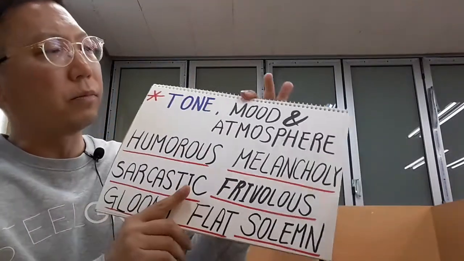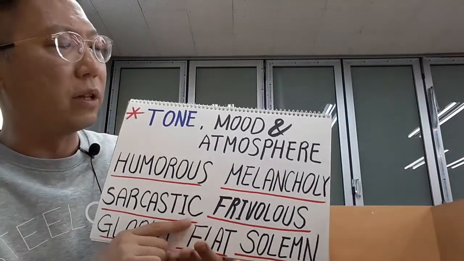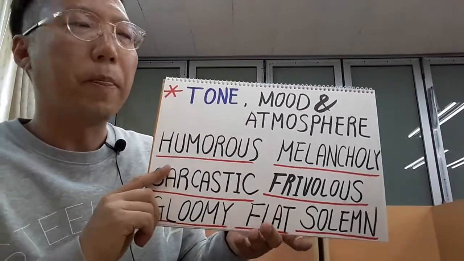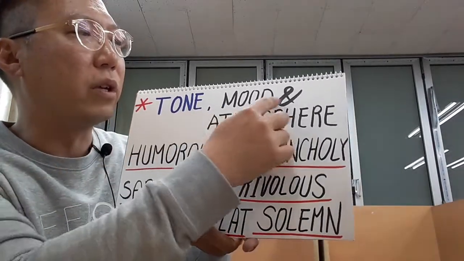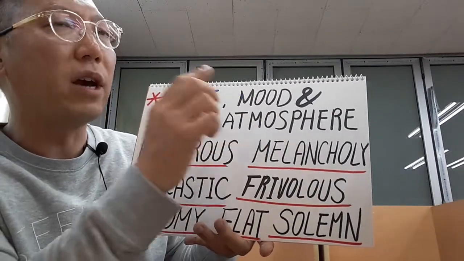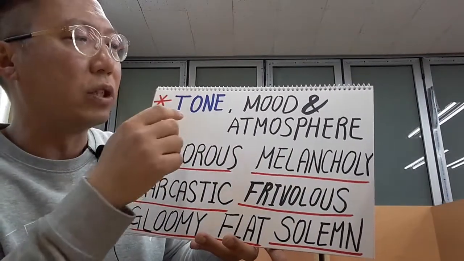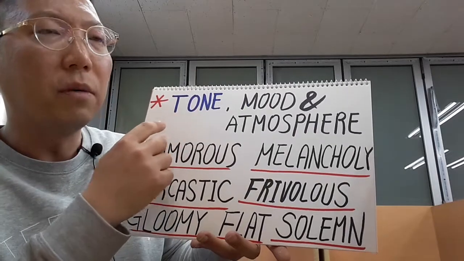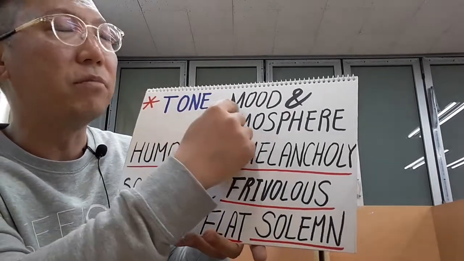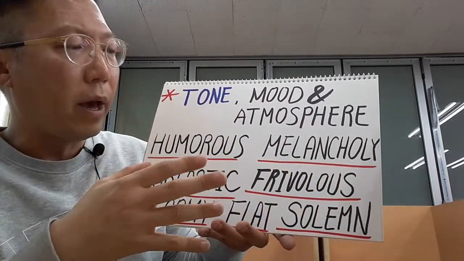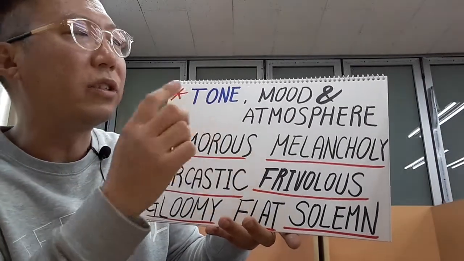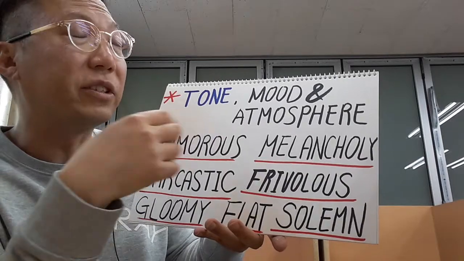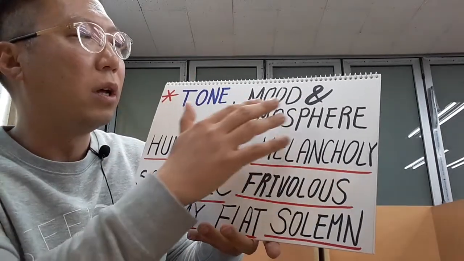Okay, and here, we have tone and mood and atmosphere. So poets adopt a certain tone in order to create a mood and atmosphere. So tone and mood have a cause and effect relationship. By using a certain tone in a poem, the poet creates a certain mood in the poem. And just because a poet uses a certain tone doesn't mean that he creates the same kind of mood as the tone.